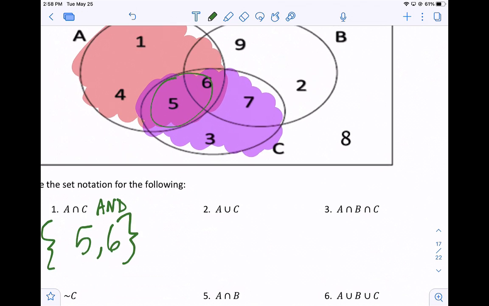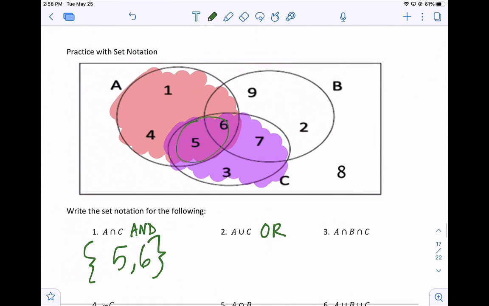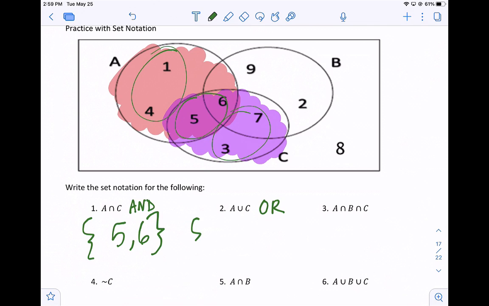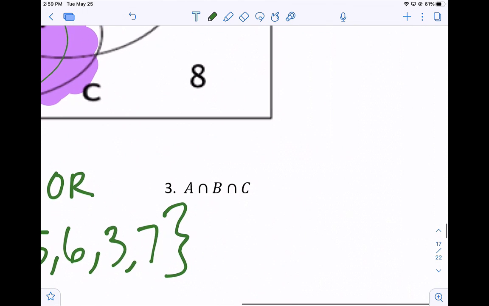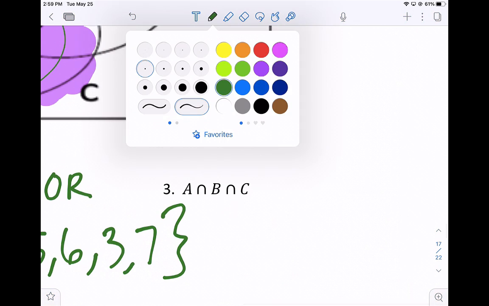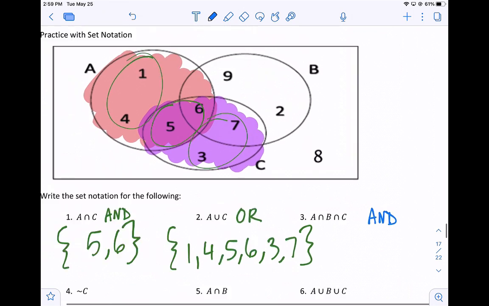The next one is or. Or means in set A or C or both, so we would include all these numbers here: 1, 4, 5, 6, 3, 7 are in A or C or both. The next one again is and. Let's change colors. This is in sets A and B and C, so where all three overlap.